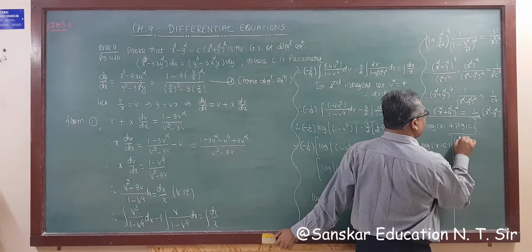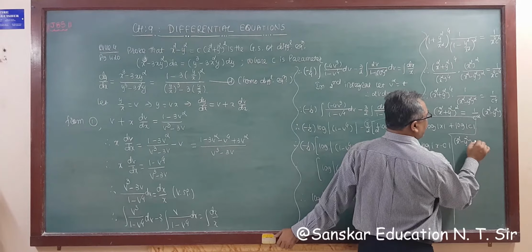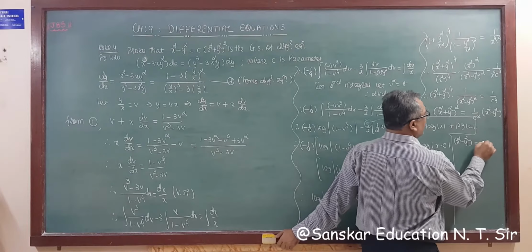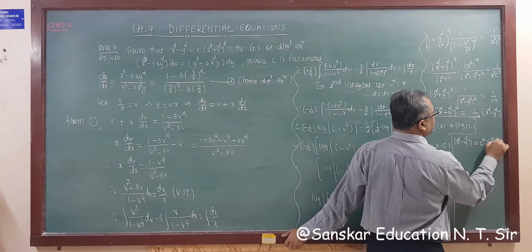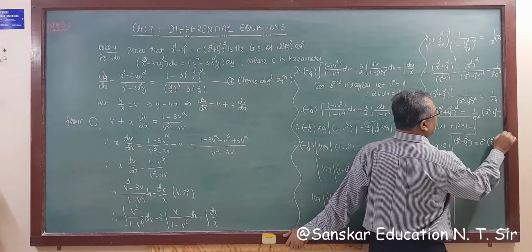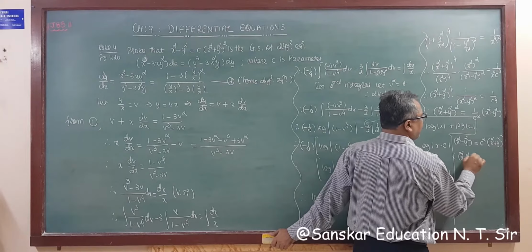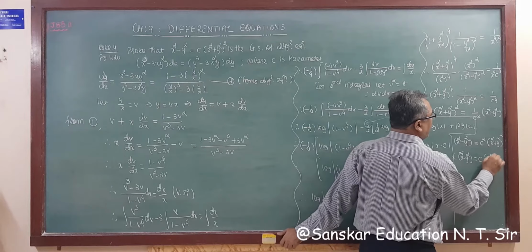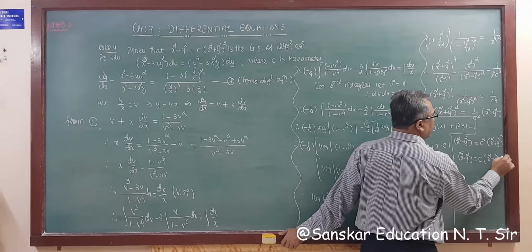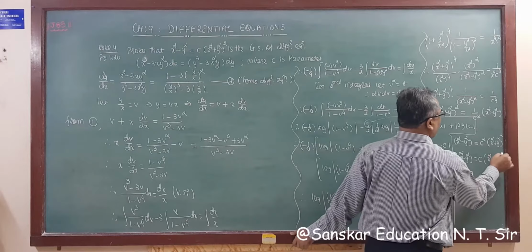Then we get x square minus y square is equal to c square into x square plus y square whole square. So x square minus y square is equal to c into x square plus y square whole square.